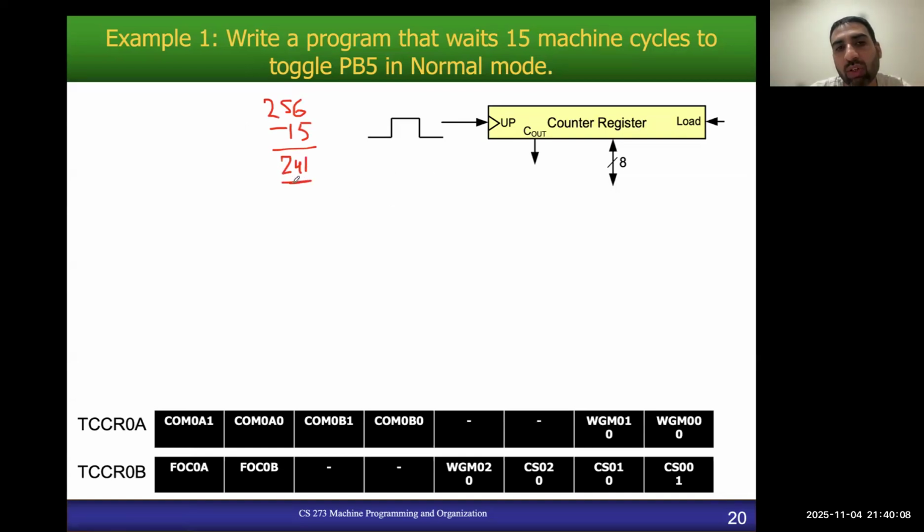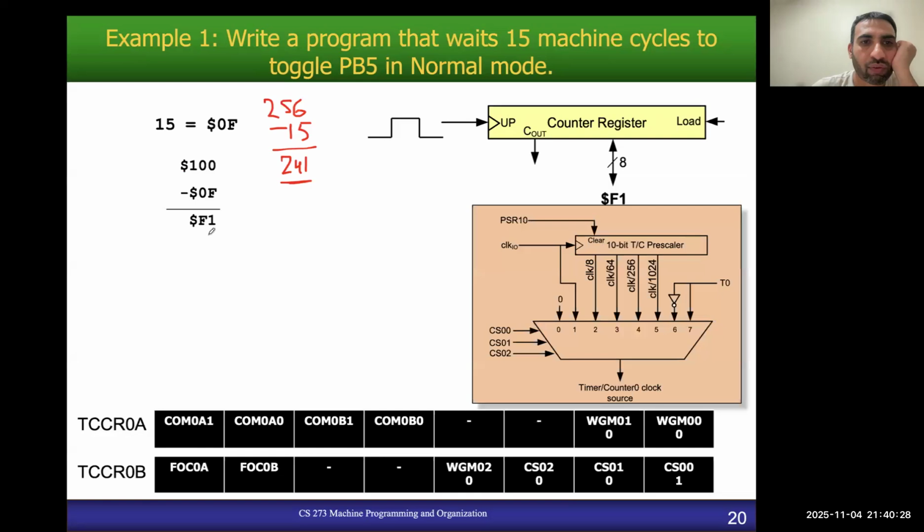If you initially have this value in the register, it will take 15 cycles to overflow: 14 cycles from 241 to 255 and then one cycle from 255 to 0. So in total it is 15 cycles. So F1 is nothing but the value of 241. You simply need to load the value of F1 in this counter register.